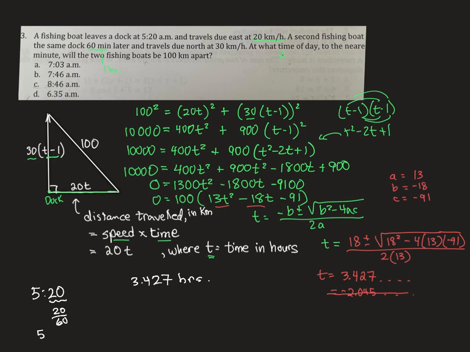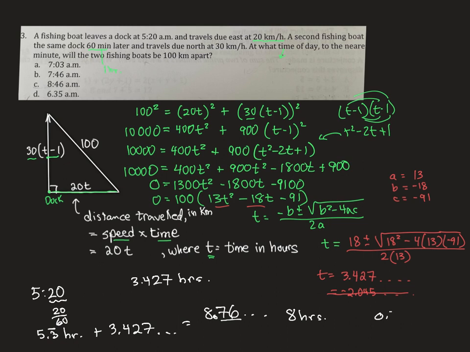So it'd be like 5.3 repeating hours plus 3.427. Let's see what that ends up being. Plus 5.2, and we get approximately 8.76, etc.